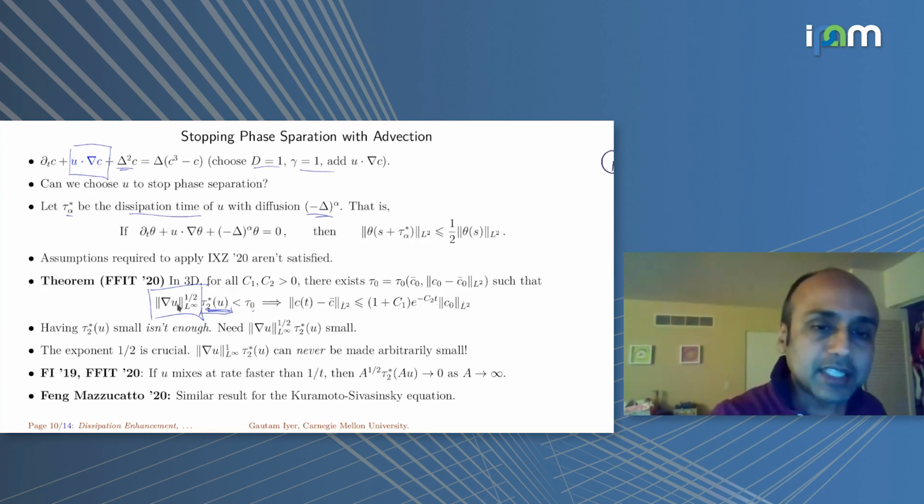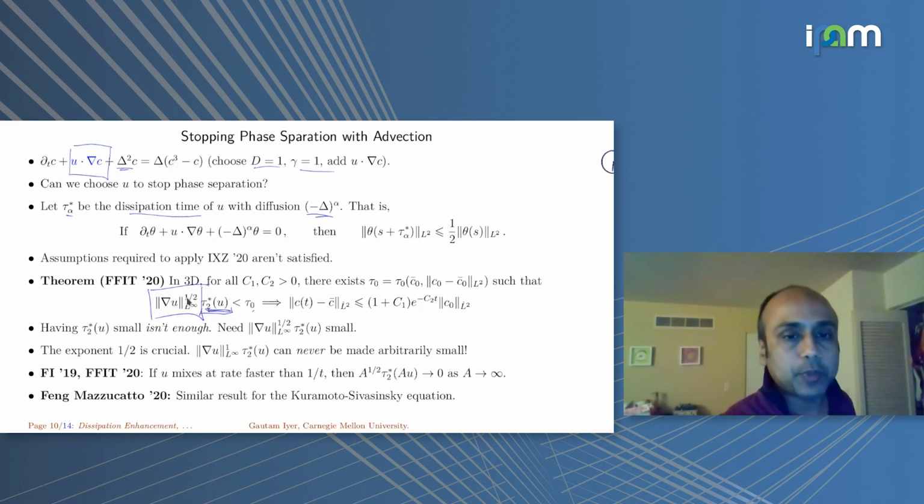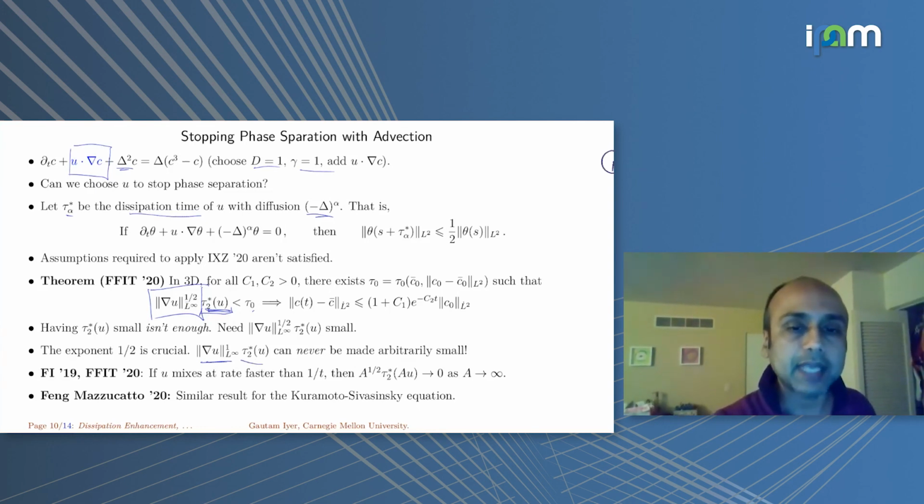It's this square root of the C1 norm of U that causes a bit of trouble. First, it's crucial that you have a square root exponent here. If I went through this analysis and told you that the C1 norm of U times tau star needs to be small to apply the theorem, I am bankrupt.